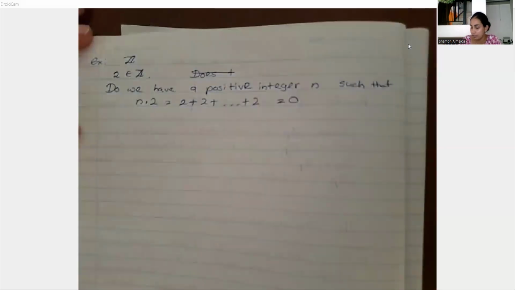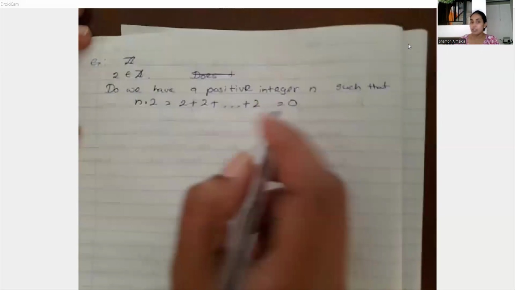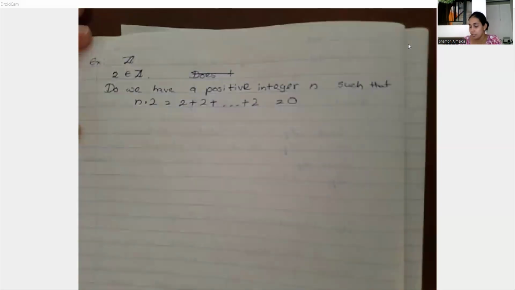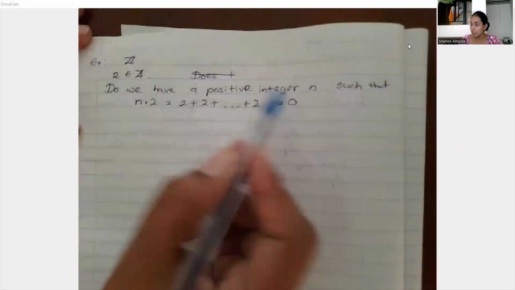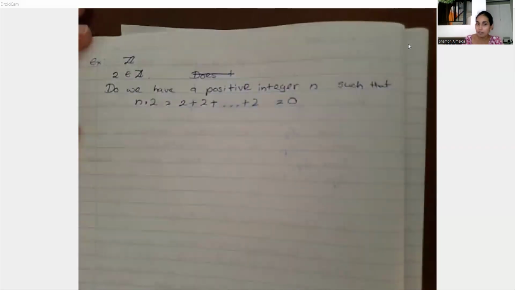It's not 0 or negative. Can we find such n for this one particular element? No, we cannot. The smallest possible value for n would be 1, because n is a positive integer.